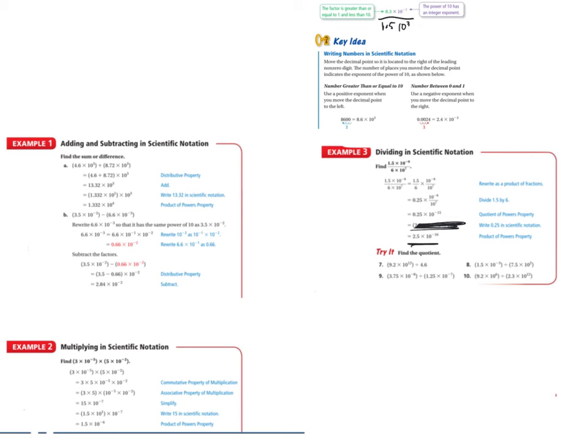To use that here because if you look here, this already has 10 to the third. So you have to have the same base, not just the same base, but the same exponent. So the only reason that I can add 4.6 and 8.72 on this is because they are both 10 to the third.